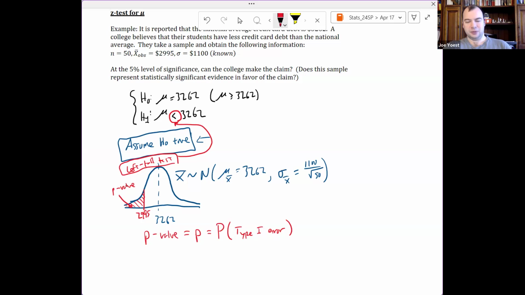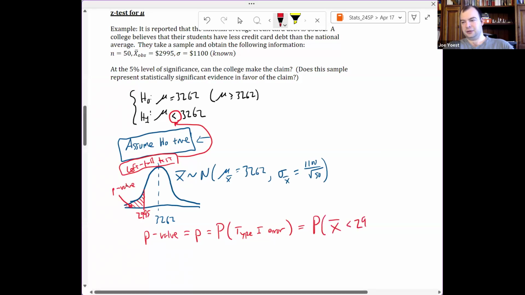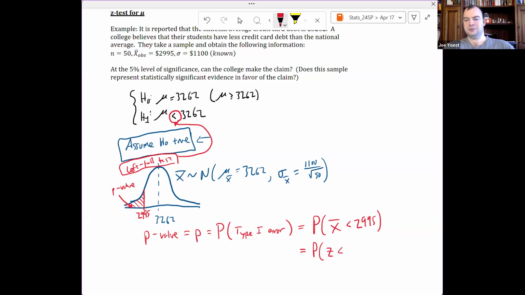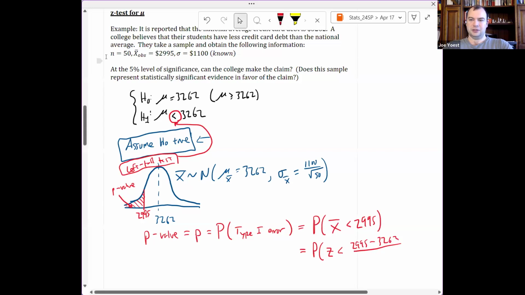It's kind of the actual probability of type 1 error if we reject, or it's the probability that X bar, the random variable, is less than 2995, or it's the probability that Z, from this point forward, this is just a normal distribution calculation. It's the probability Z is less than 2995 minus the mean 3262 over the standard error.